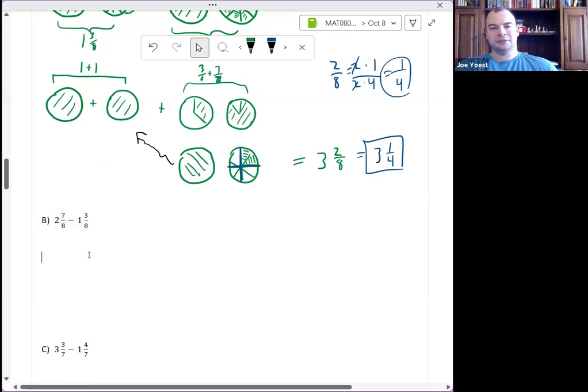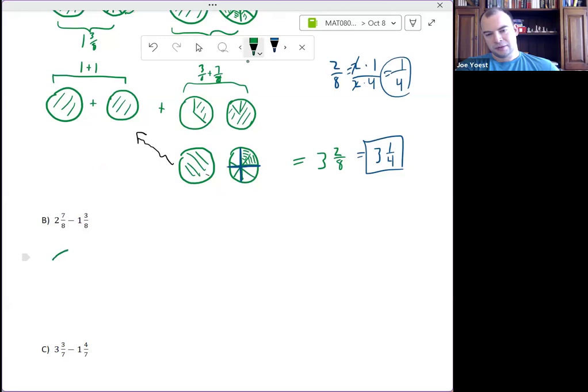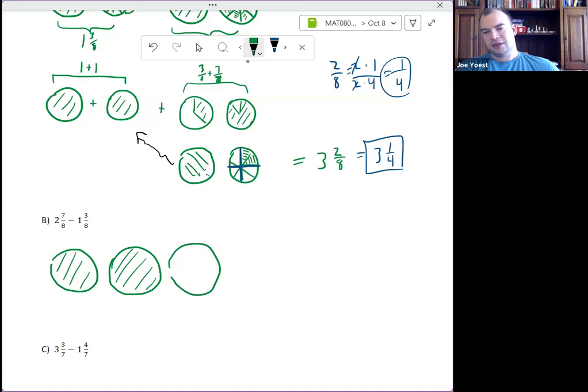What about when I'm subtracting? 2 7/8 minus 1 3/8. It takes a little while to draw eighths, but I try not to use the same denominators all the time.